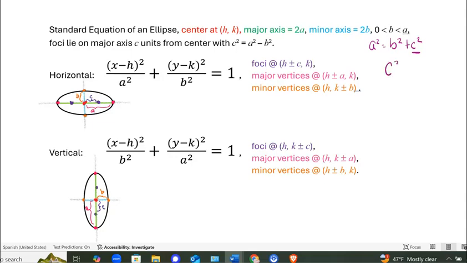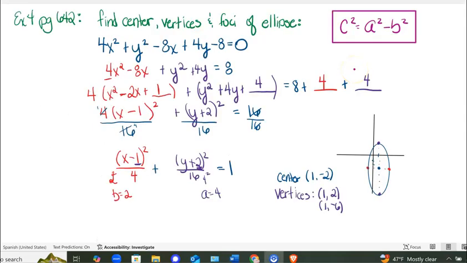So I need to remember that c squared is equal to a squared minus b squared. I can use this information to find out what c is, because I know what a and b are already. It is also on your cheat sheet. So all I need to do now is plug in my a and my b and solve for c.